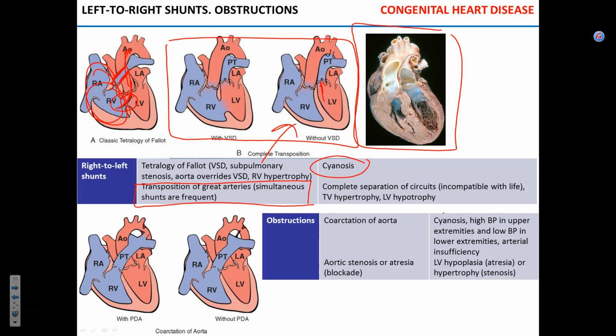And if it's in this pure form, just transposition of great arteries, it's incompatible with life, because there's no oxygen getting to the tissues from the lungs. But there are often shunts, like this septal shunt, ventricular septal defect. Can you see that? Which allows some mixing, some oxygen, so it's fixable surgically. But it may lead to hypertrophy of the right or left ventricle.